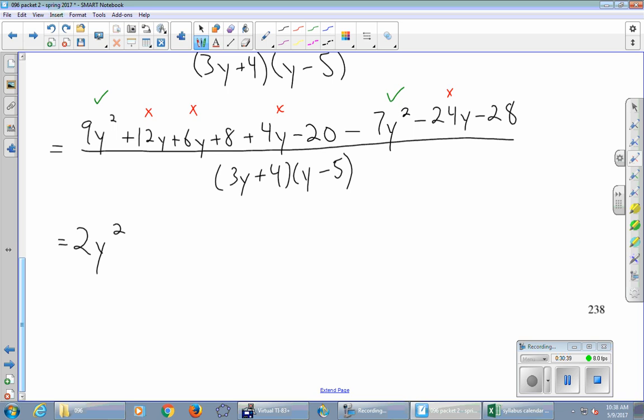How much is it? 18, 22, minus 2. Minus 2y. That sounds good to me. And then finally the constant terms. One vote for minus 40. Any other votes? Minus 40.